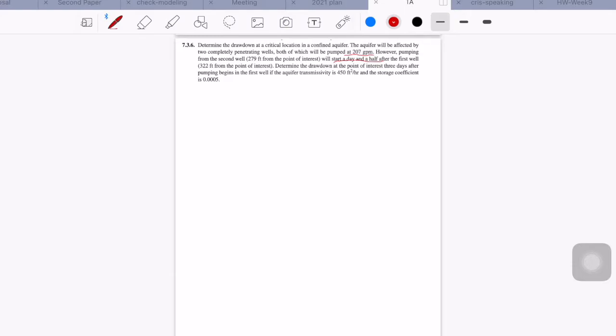The distance between the second well and the point of interest is 279 feet, and the distance between the first well and the point of interest is 322 feet. We need to determine the drawdown at the point of interest 3 days after the pumping begins in the first well, if the aquifer transmissivity is 450 square feet per hour and the storage coefficient is 0.0005.